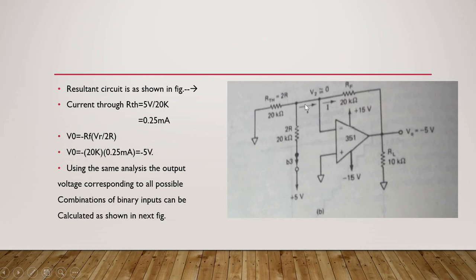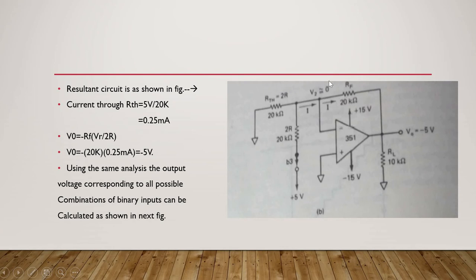That is the current which will flow through the 20 kilo ohm as well, so 0.25 is flowing through this 20K also.